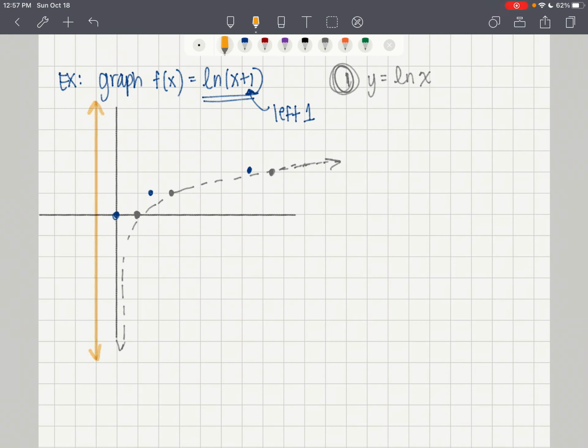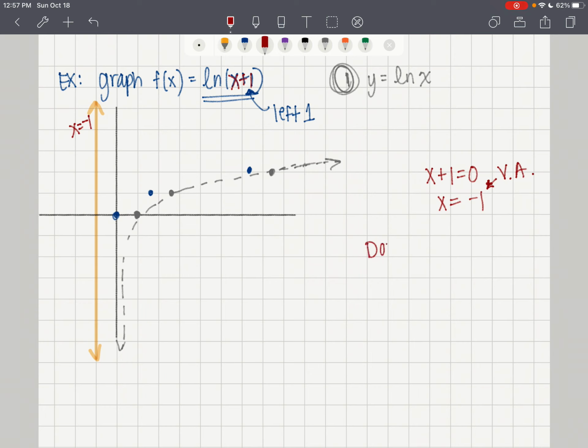This is x equals -1. That's because you take your argument, set it equal to 0 for the vertical asymptote. Therefore, x equals -1. That's our vertical asymptote.